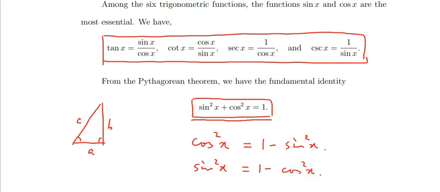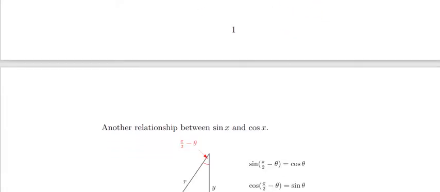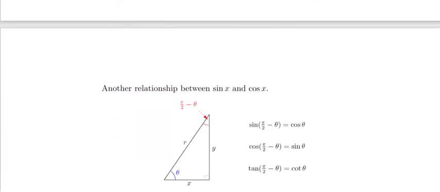This is a very important relationship, just like a square plus b square equals c square for a right triangle. And for sine and cosine, we find we have some other relationships.